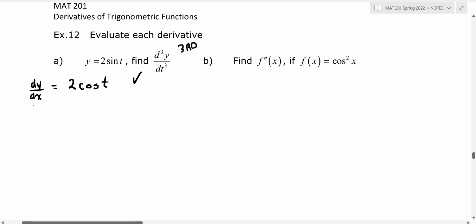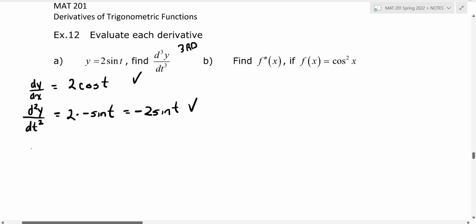Then we move on to the second derivative, which we represent as d2y dt2. Again, we have a constant. Bring the constant down. The derivative of a cosine is negative sine t, so this gives us negative 2 sine t as our second derivative.